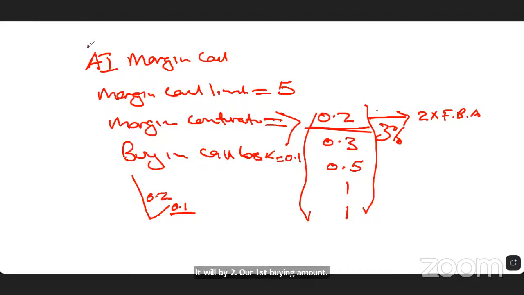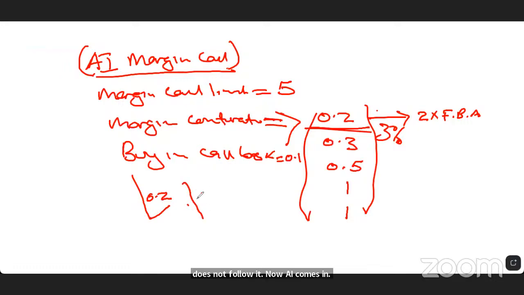So the reason why we use the AI margin call here is that when the market drops by 0.2, instead of the robot following the buy-in callback, it does not follow it. Now AI comes in and says, okay, the market has dropped by 0.2. Yes, it has risen by 0.1.